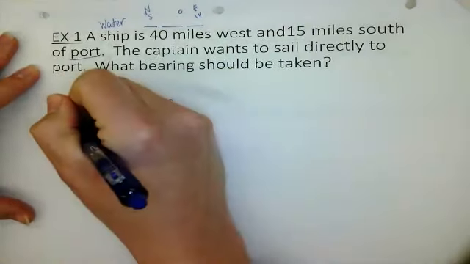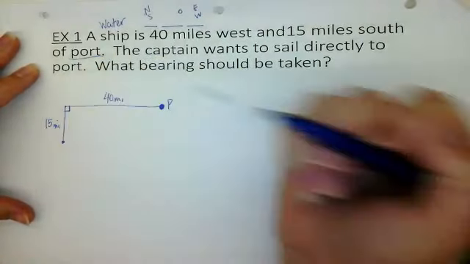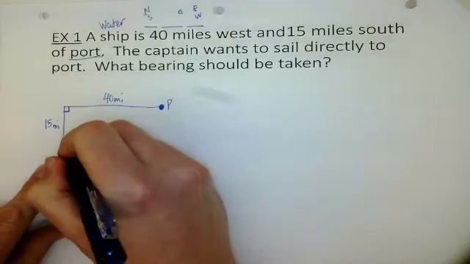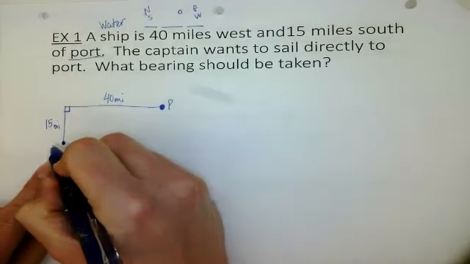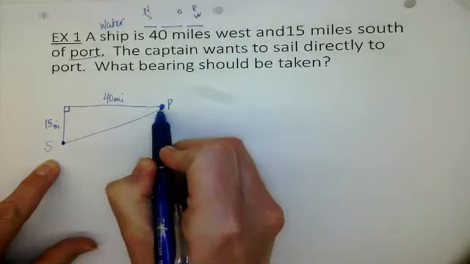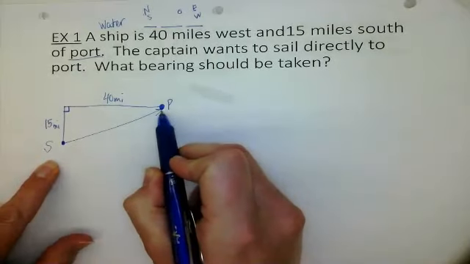And these must be at right angles then. If this is to the west and this is south, and that's a 90-degree angle. And so this is where the ship is right now. That's our ship.